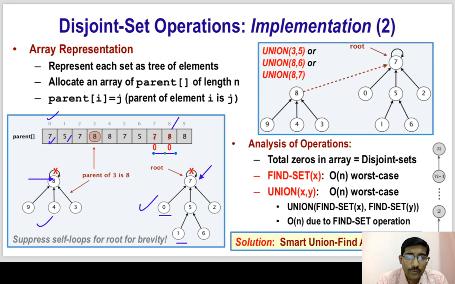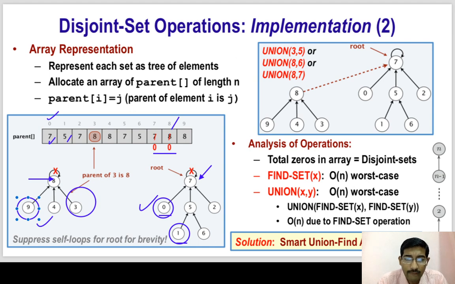Now, why do we form such a tree? Because initially, when you make a set of each of the elements from 0 to 9, each element individually forms a set. So 0 is one set, 5 is one, 1 is another set, 9 is another set, and so on.